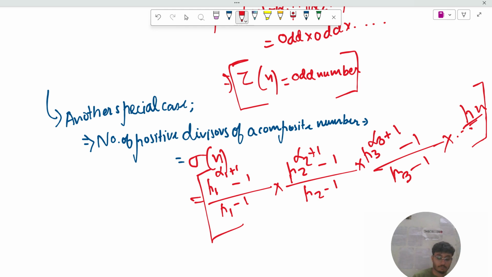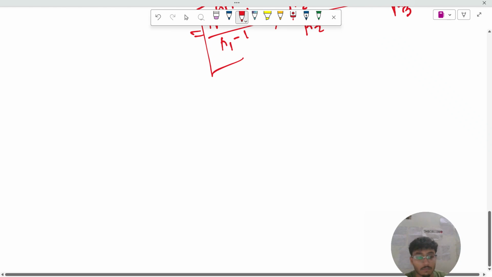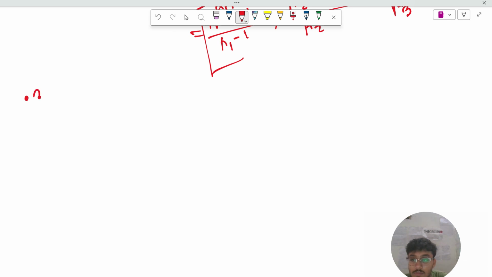Yeah, let's come to modular arithmetic, which is my congruences. Next thing in our to-do list is congruences.